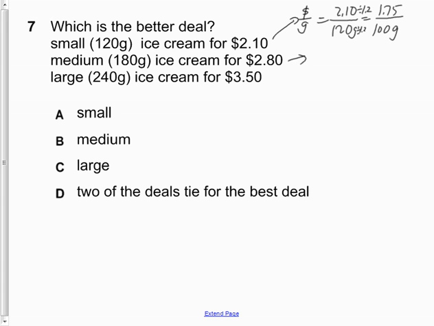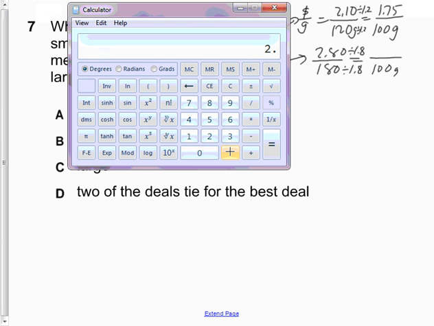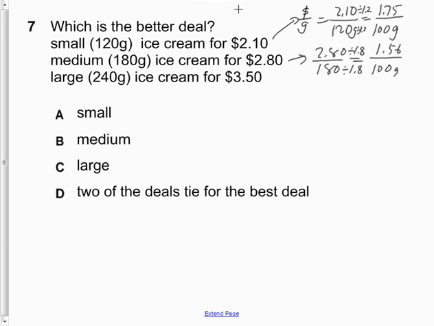For the next one, I'm going to set it up as $2.80 for 180 grams. How much is that per 100 grams? I'm going to divide by 1.8. Pull up my calculator. $2.80 divided by 1.8 equals approximately $1.56 for 100 grams.